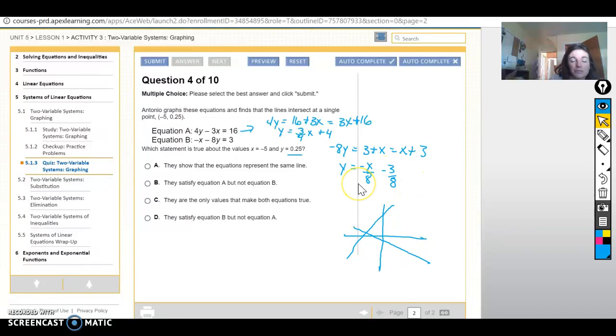There's other values that will make the first equation true, and there's other values that will make the second equation true, but that is the only value that is a solution for both. Okay, so that's what they're saying there. All right.